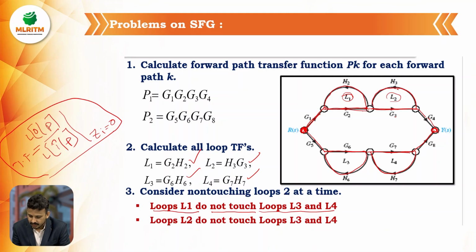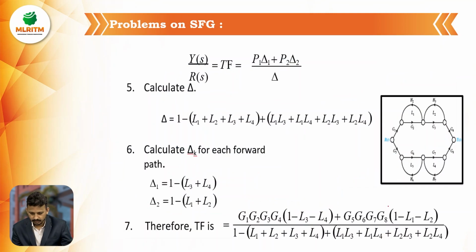See, this loop is not sharing any common node with loop 3 and loop 4. And loop 2 also does not touch L3 and L4. See, this L2 loop is not touching L3 and L4. Okay, so let's write the transfer function.